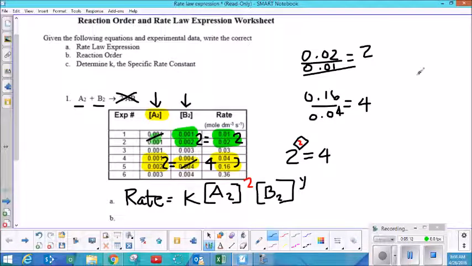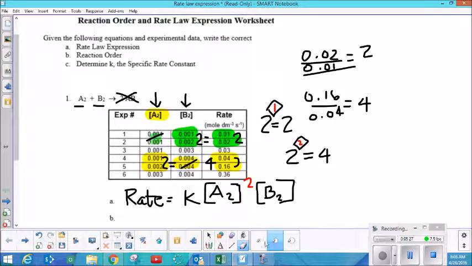So then we're back over to this question. 2 equals 2 when you have what exponent? Of course, that's 2 to the 1. That's why the y exponent is going to be a 1.